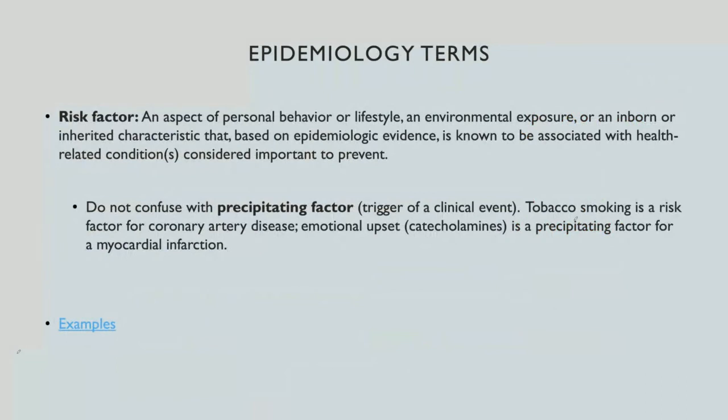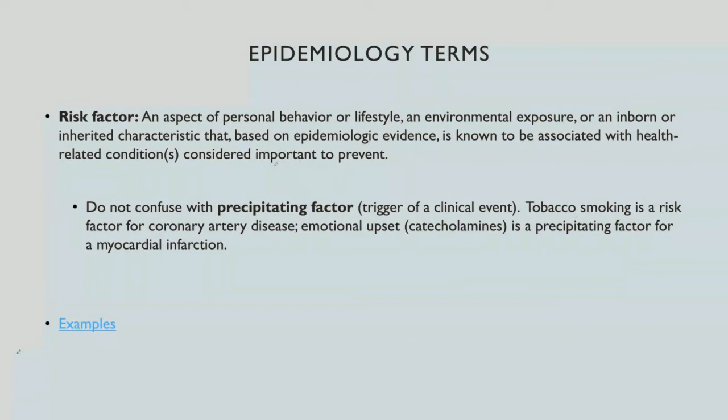Now, going to our pathophysiology, it's important to know what is the cause of a disease. And don't confuse cause with the risk factor. A risk factor is any aspect, personal behavior, lifestyle, environmental exposure, or genetic characteristic, like inherited mutations, that is associated with diseases.